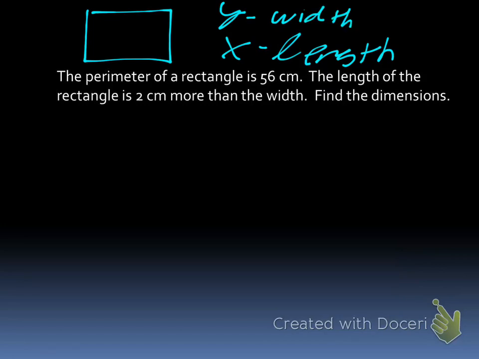Now, there is a tricky part to this problem, so I want to see what you come up with. Write the equations. Think them through before you write them down, though. The length is x. The width is y. How many lengths are there in a rectangle? 2.